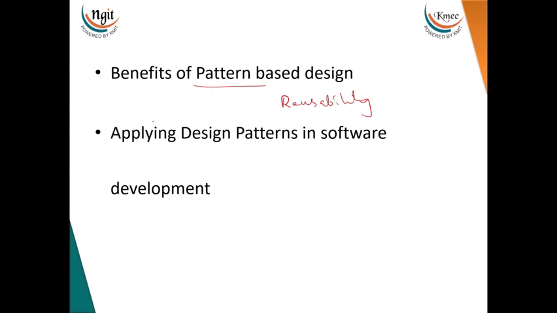So when we talk about applying design patterns in software development, choosing the right pattern is most important, right? Since there are a lot of patterns available, choosing the right pattern matters a lot. While selecting a particular design pattern, what kind of things have to be taken care of? So I'll tell you.